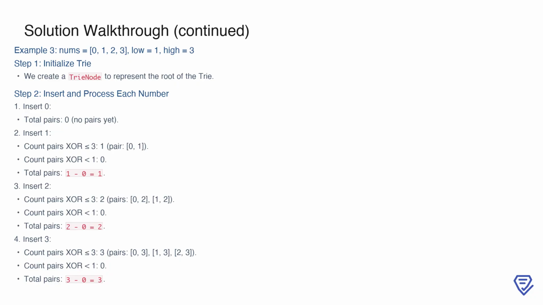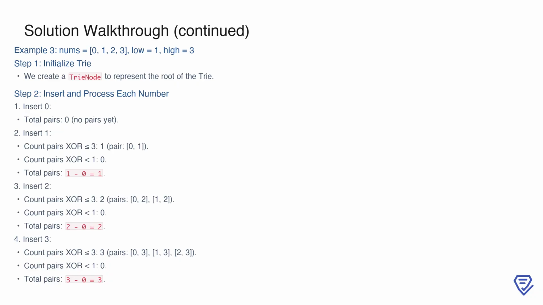Next, we process 1. To calculate its contributions, we find the count of numbers in the tree that yield an XOR result less than or equal to 3 with 1, which is 1. This corresponds to the pair 0, 1. The count for XOR results less than or equal to 0 with 1 is 0. Thus, 1 contributes one pair. We then insert 1 into the tree.